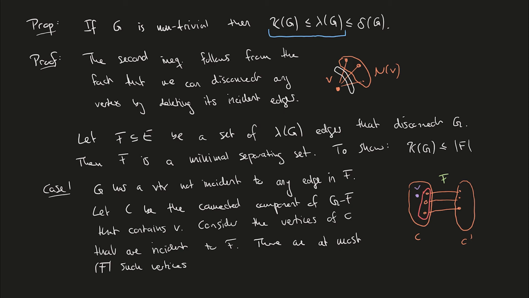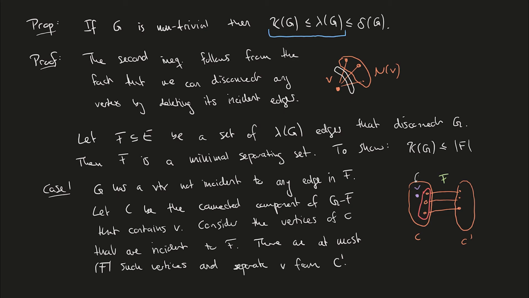And the important part is that these vertices separate the vertex V from C prime, because any path that goes from V to C prime has to cross one of these vertices, since F is a separating set. So we found at most |F| vertices that separate V from the component C prime.